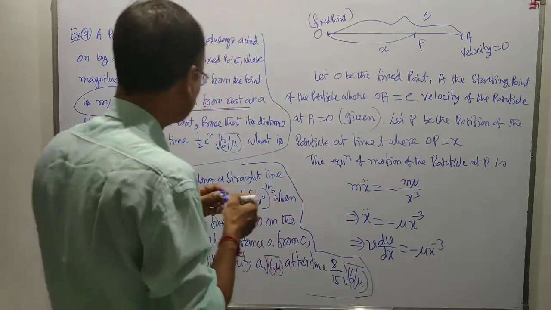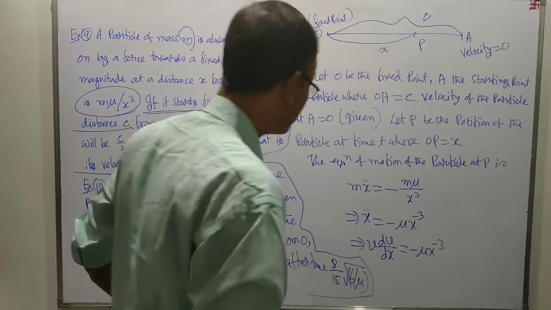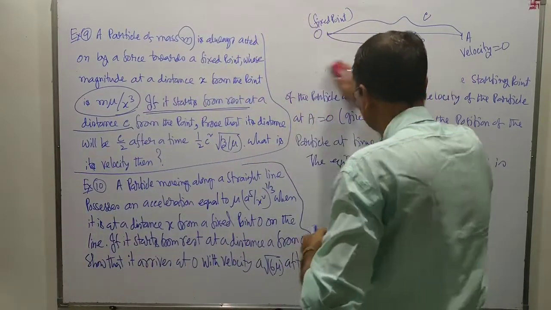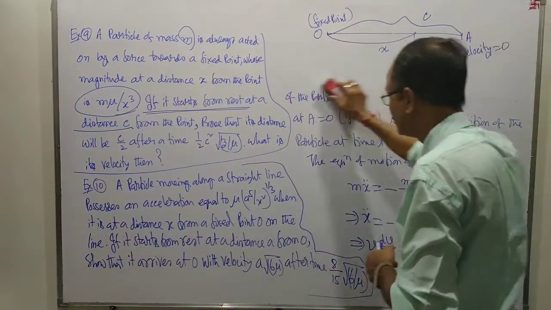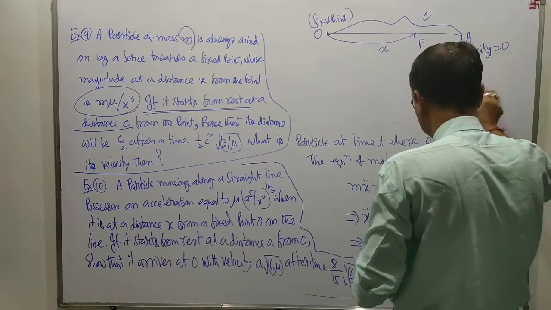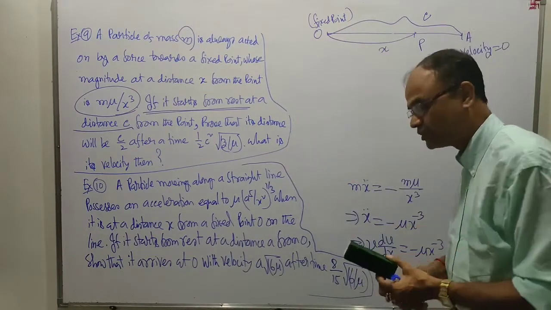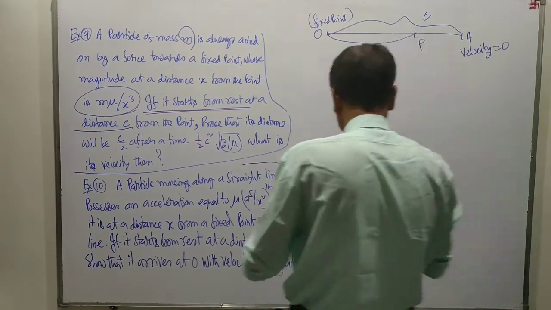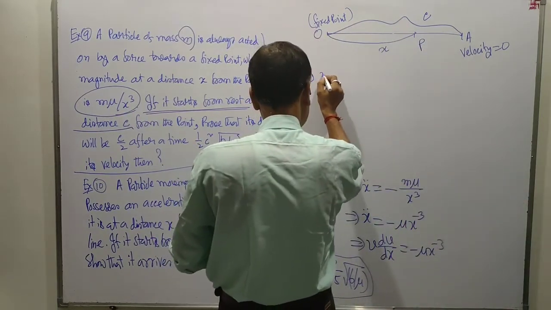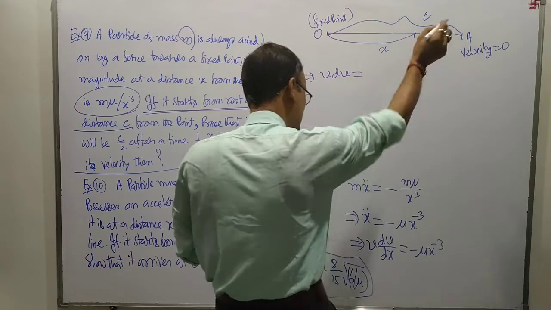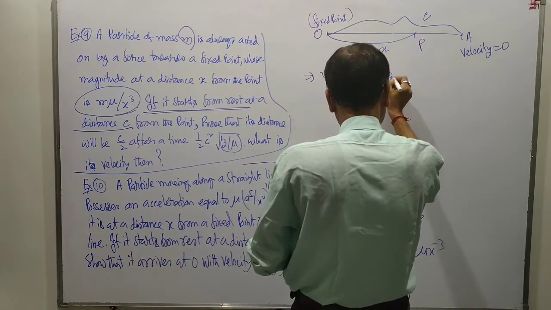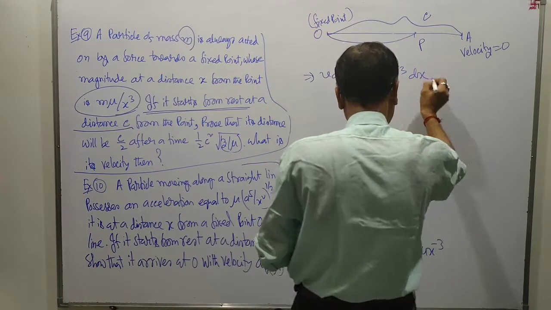Right? Now, v dv by dx equal to this. This means v dv equal to minus mu x to the power minus 3 dx.